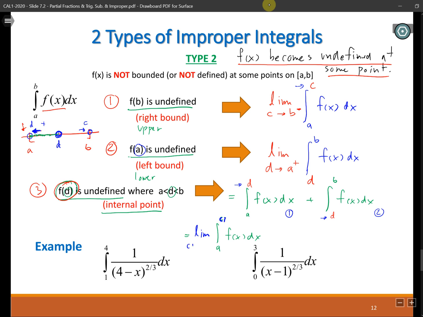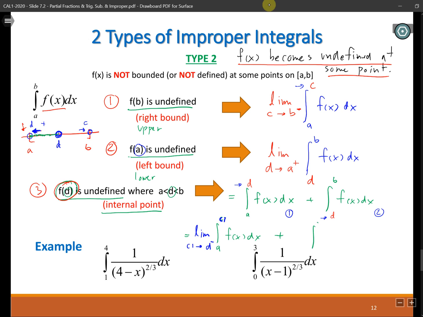This C1 approaches D from the left-hand side. Now another one, plus the integration of, well, let's start with the one that doesn't have a problem.